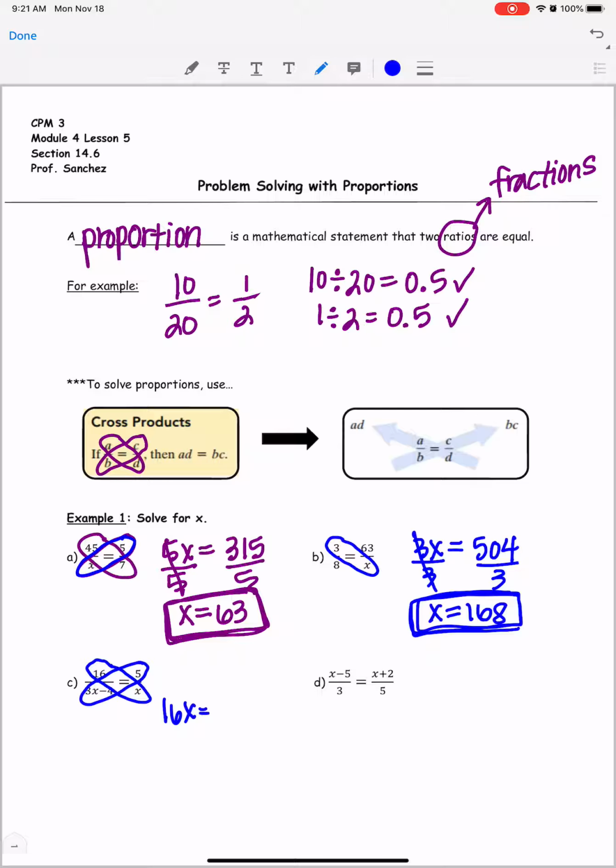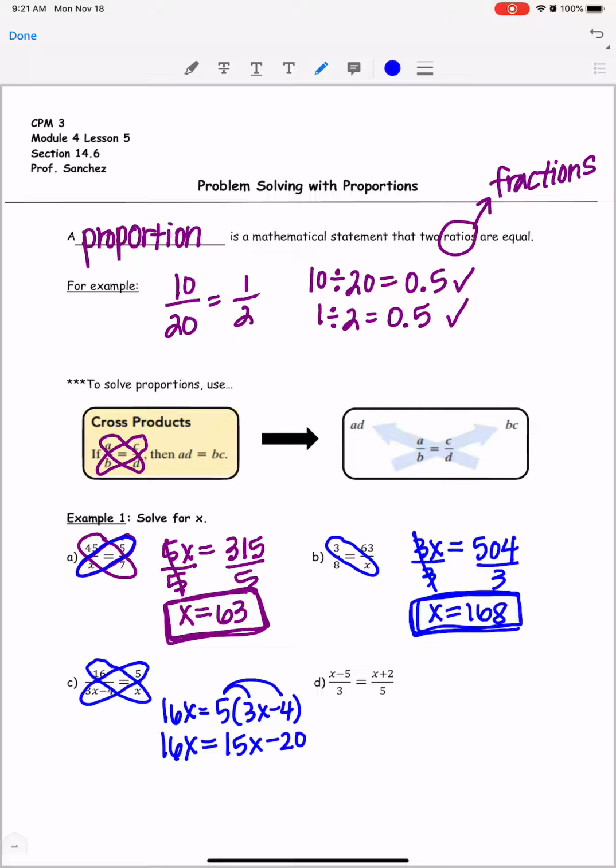The 3x or the -4? Well, that is, my friends, a trick question because we're multiplying both. This is distributive property. So this is the same as 5 times, in parentheses, 3x minus 4. You got to multiply everything. So we're going to distribute first. So I've got 16x equals 15x minus 20.